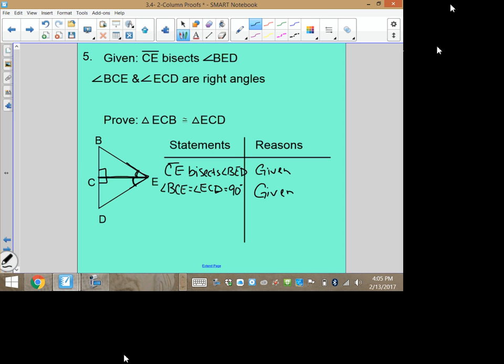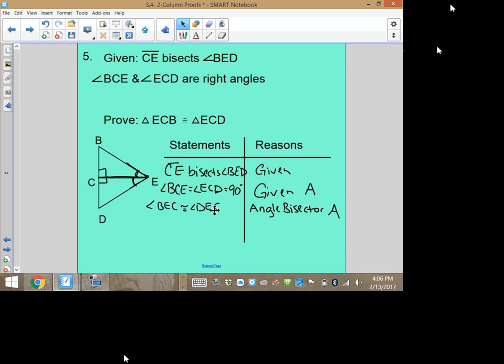What did we say? This bisector means that angle BEC is congruent to angle DEC by angle bisector. So here we had an angle, here we have an angle, and then note, what do we know about this side right here? When you see something sharing a side, you're always going to say that it's congruent to itself.